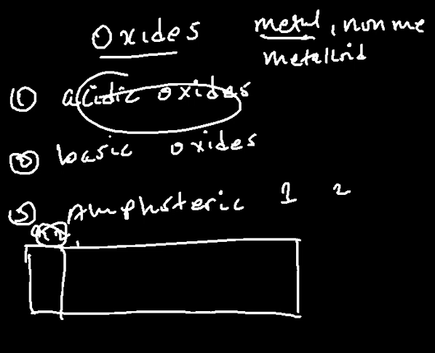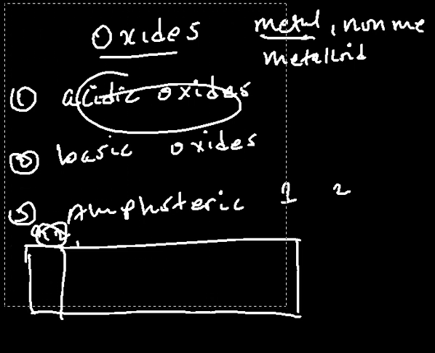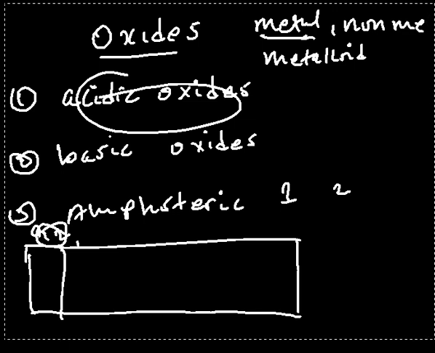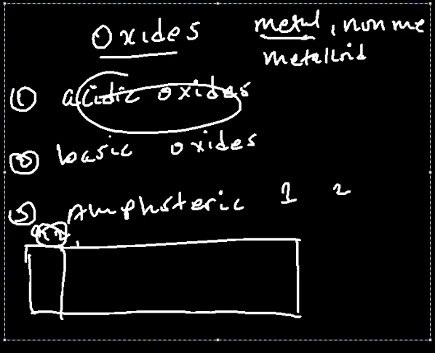So that's how you start to understand oxides. Oxides are compounds with oxygen atoms in them, and they are classified as acidic oxides, amphoteric oxides and basic oxides. So keep that in mind.